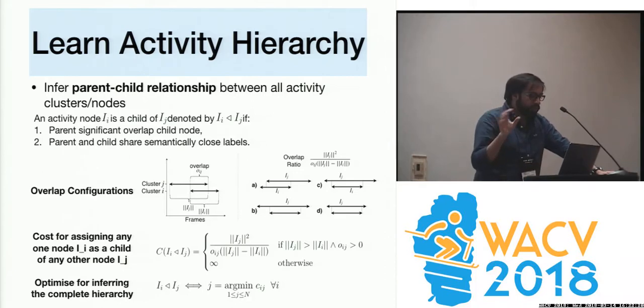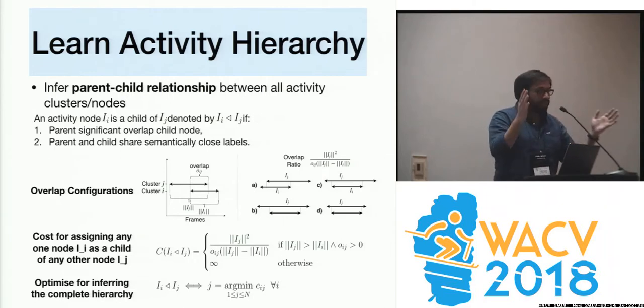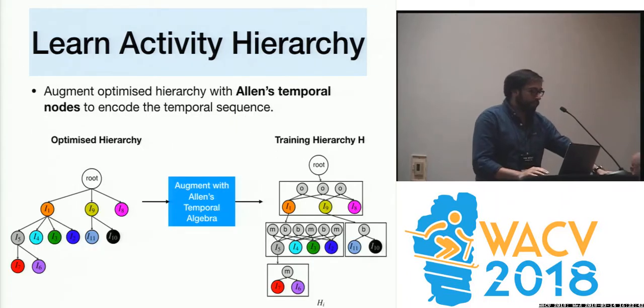Once we have that, now we want to learn the parent and child relationship. So we devised this metric, this cost function, that is going to look at the overlap of the activities, and it's going to assume that an activity is a parent of another if it overlaps it in time. But at the same time, similar to the clustering, it has a high amount of correlation between its labeled set and the child that it's trying to be a parent of.